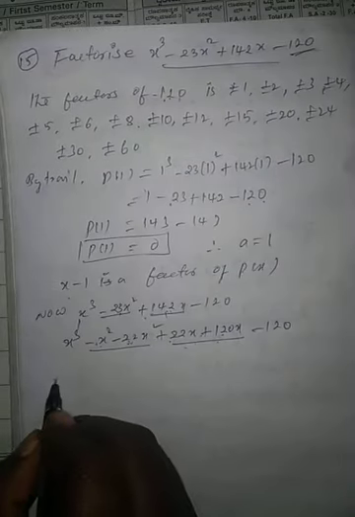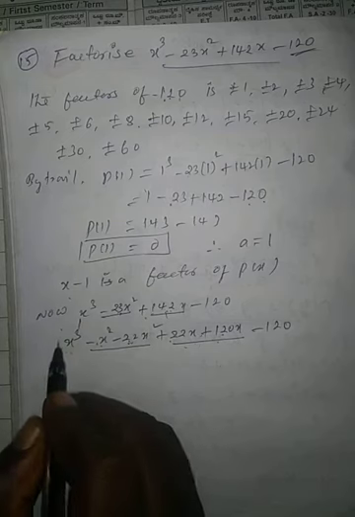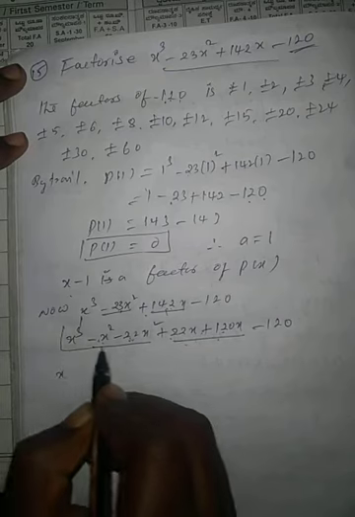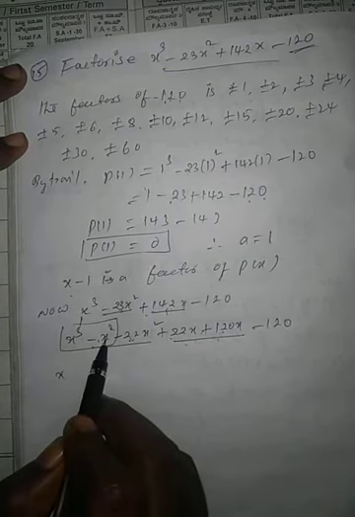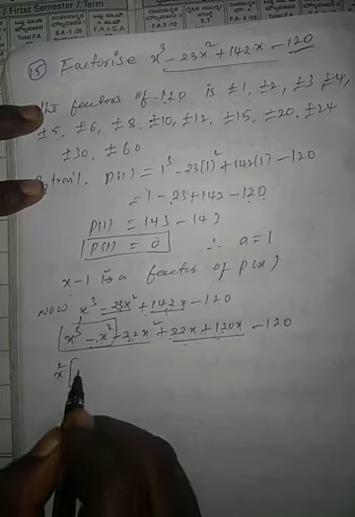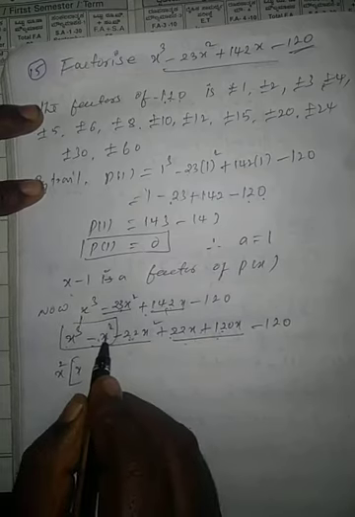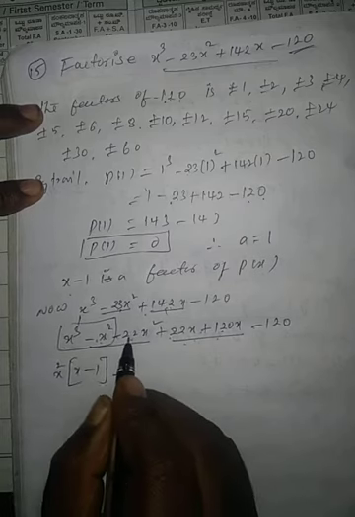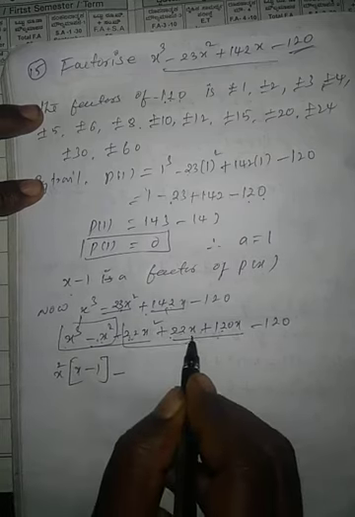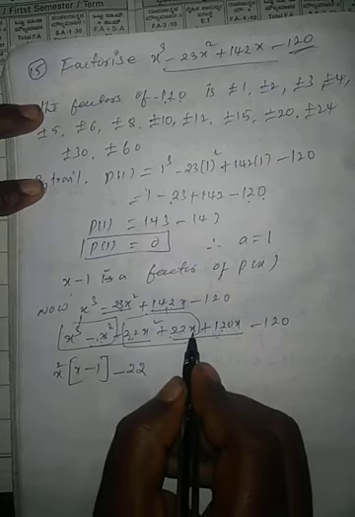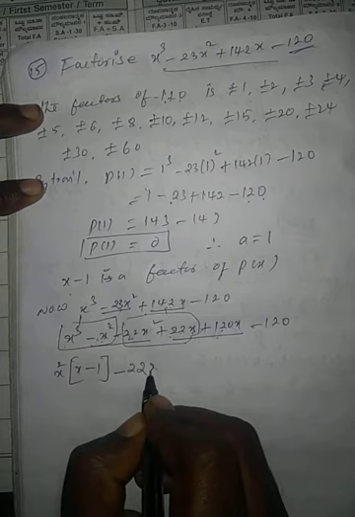So x cube, this is the first group. Here the common factor is x square, and here also x square. Taking common factor x square, here 1x is remaining and x square going outside is minus 1, and minus 22 and 22. Here the second group, 22 is the common factor.